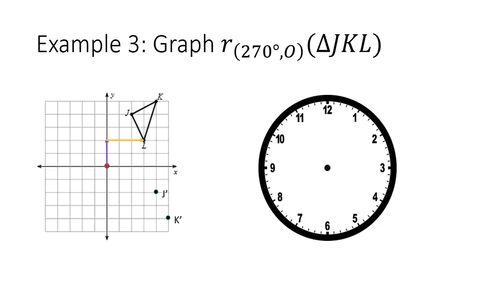And so when I do a 90 degrees clockwise rotation, the arrow pointing towards the 12 will end up pointing towards the 3 now, and it's the same distance, so 2 units now to the right, and then my orange arrow was at 3, and now it's going to be pointing down to the 6, and it's going to be 3 units down, and so my L prime is going to be located right there. And then the last step in graphing this is that you need to connect the points.